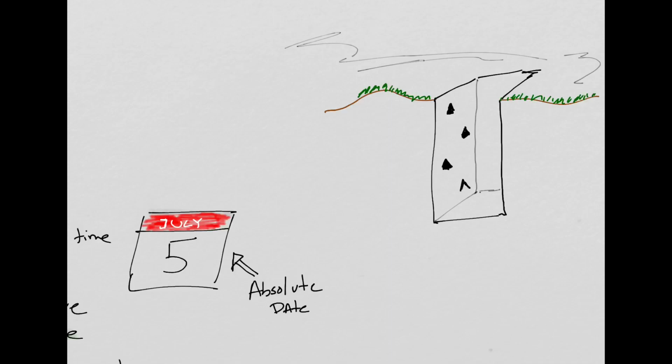There are 4 different artifacts that I've discovered, and based on the law of superposition, which states that in any sequence of flat-lying strata, those at the bottom are older than those at the top. Of course, that only applies if this hasn't been disturbed culturally or whatnot. You learned a little bit about reverse stratigraphy in the last chapter.